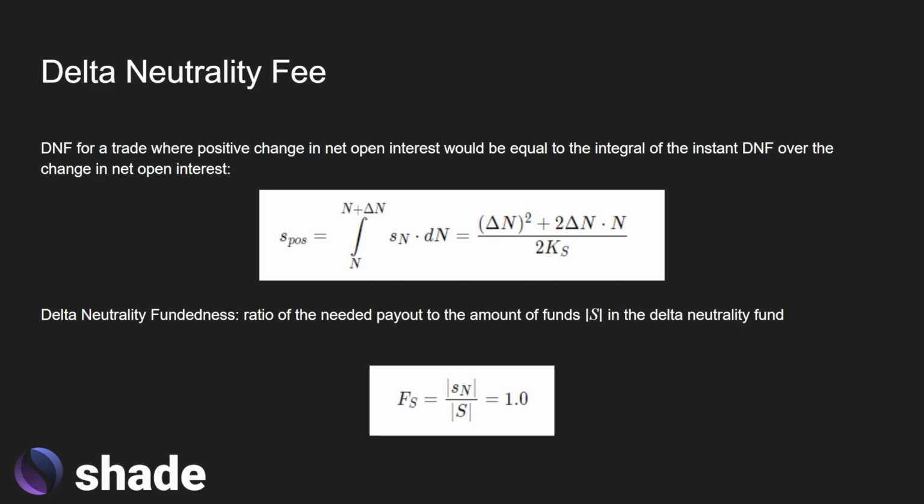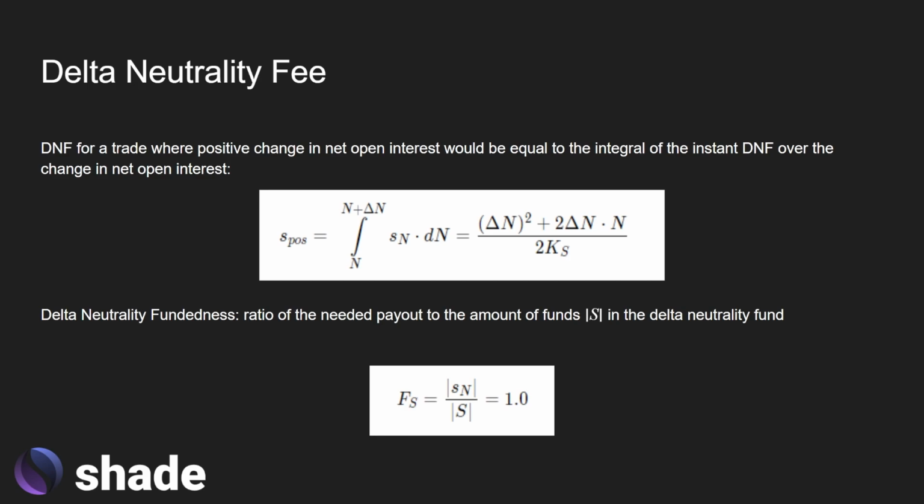So in order to calculate a fee over time, or over a changing net notional open interest, we need to be able to find out how this instant fee changes as net open interest changes from both the starting and finishing range of n, which we can do with some simple integrals.